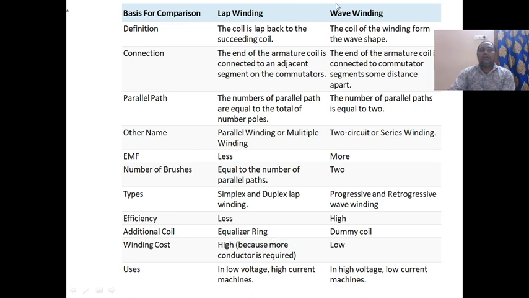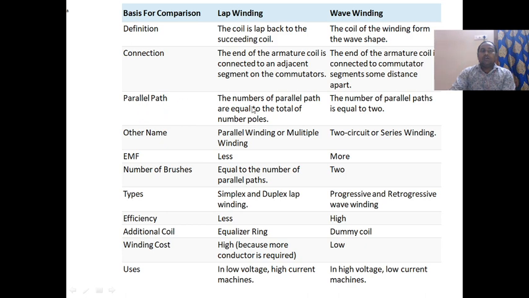Now the comparison of lap and wave winding. By definition, in lap winding the coil is lapped back to the succeeding coil, while in wave winding the coils of the winding form a wave shape. In lap winding, the end of the armature coil is connected to an adjacent segment on the commutator. In wave winding, the end of the armature coil is connected to a commutator segment some distance apart.